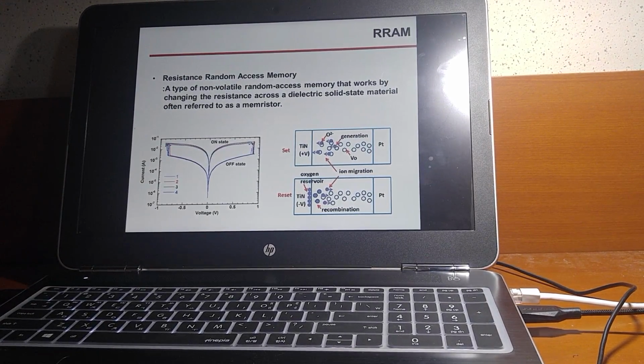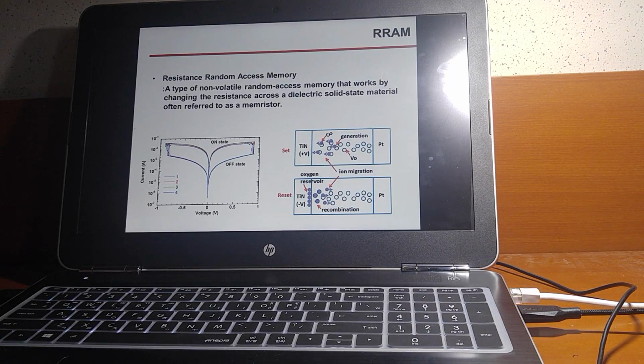And RRAM is an abbreviation of resistive random access memory, a type of non-volatile random access memory that works by changing the resistance across a dielectric solid-state material, often referred to as a memristor. Each structure is very simple, but each device has issues with reliability.